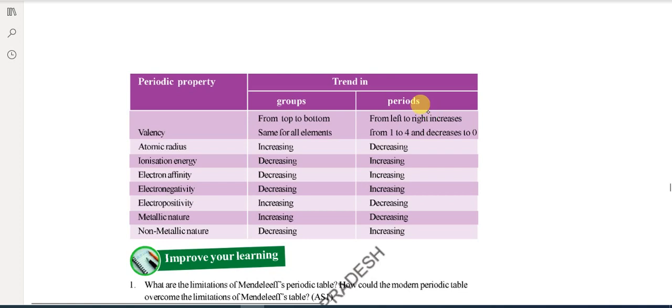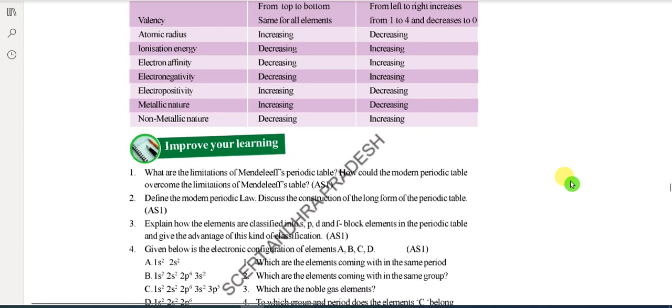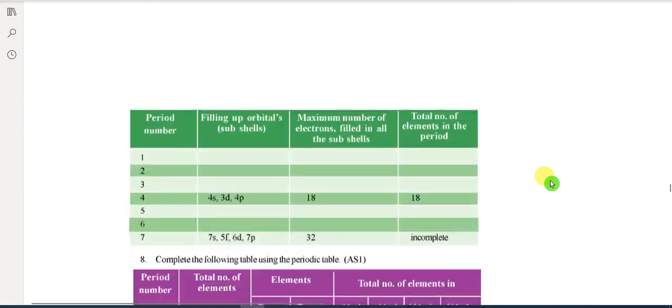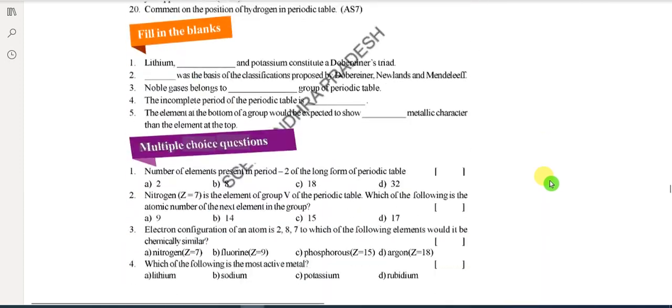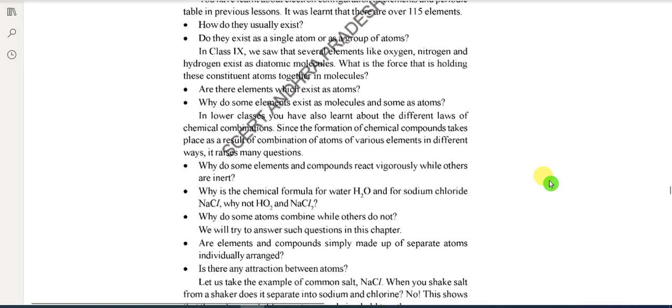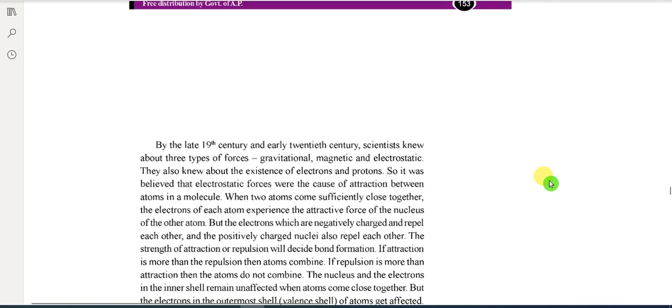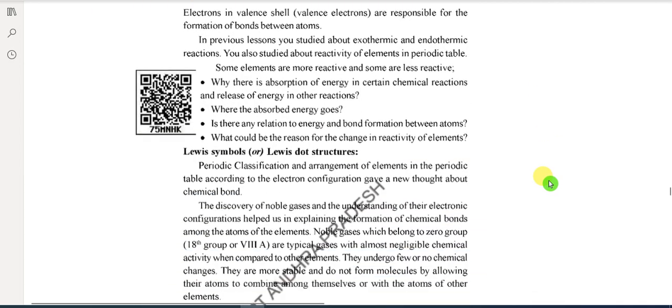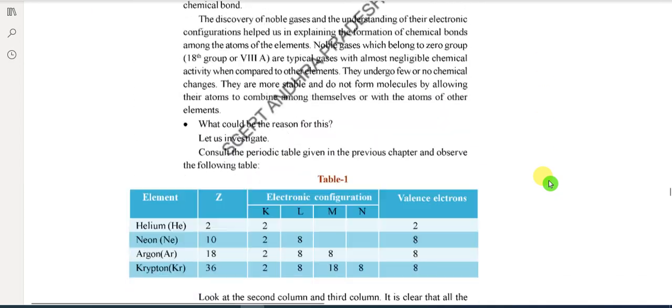Already I told this table, a very simple trick, in previous videos. So, periodic property.